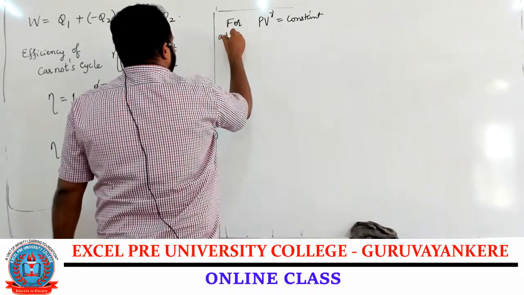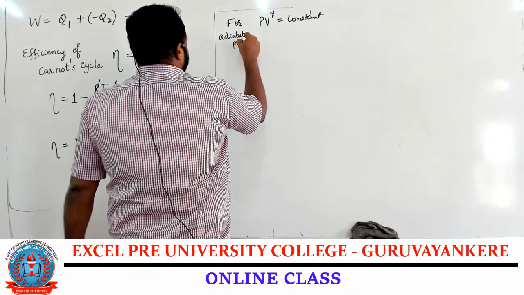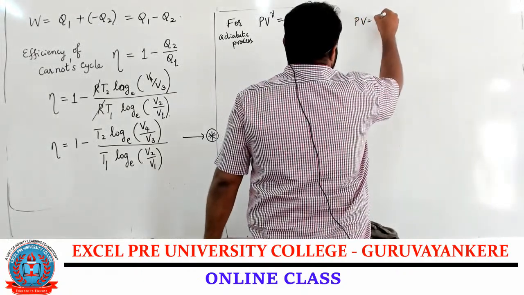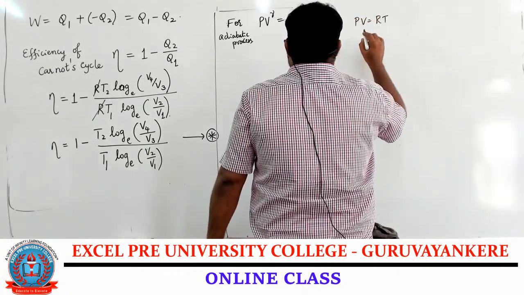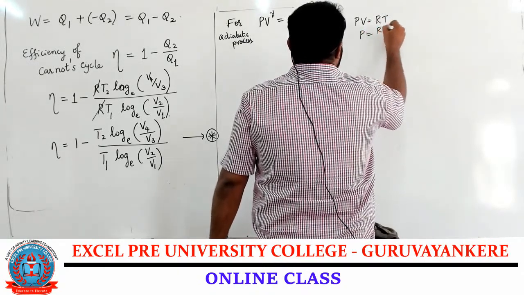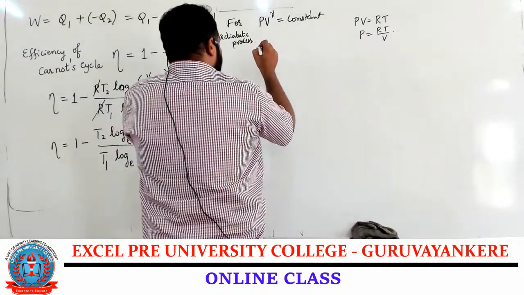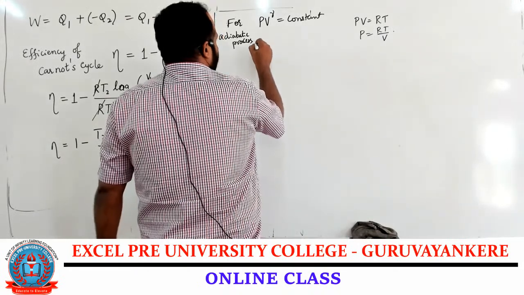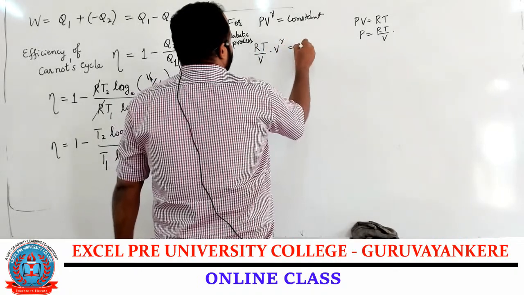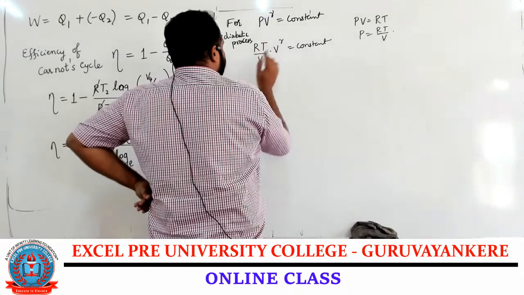For an ideal gas, PV is equal to RT, so P can be written as RT by V. If I substitute here, RT by V into V to the power gamma is a constant.